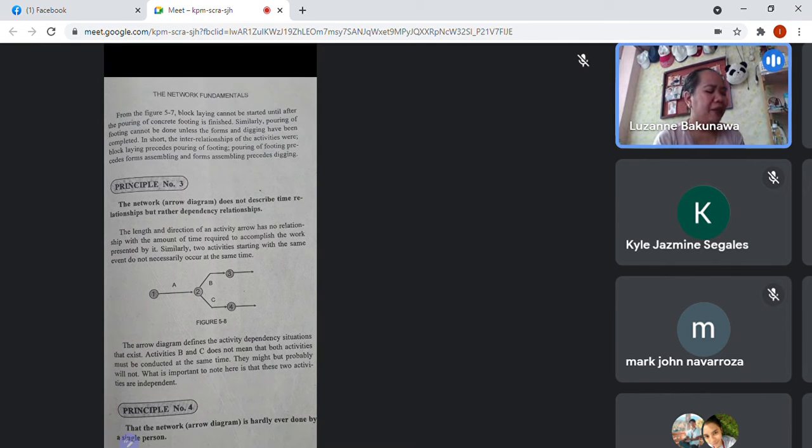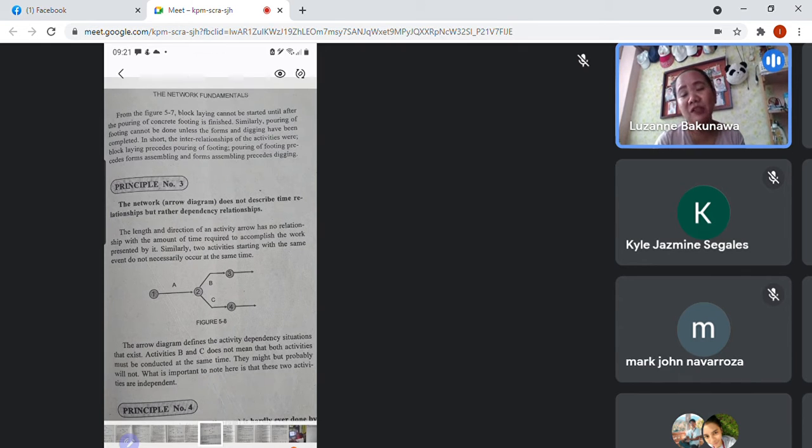Okay. So block laying cannot start without the concrete pouring of your footing. And pouring of the footing cannot start without the formworks. And the assembly of the formworks, or installation, which are the usual terms, cannot be done if you have not dug.